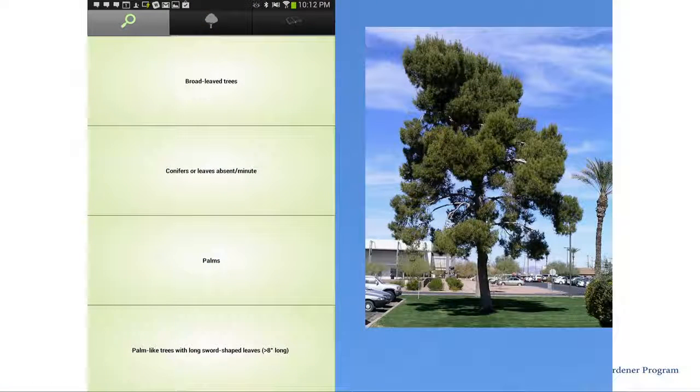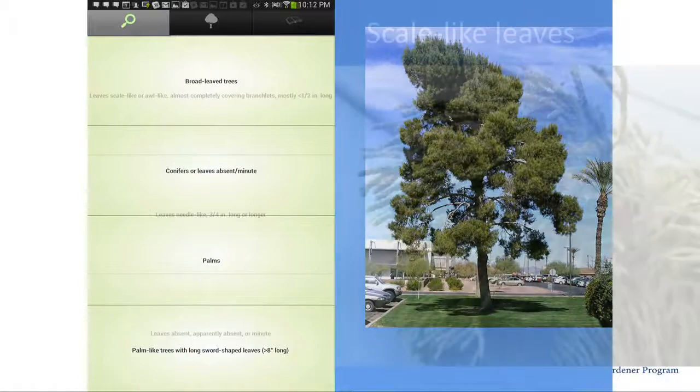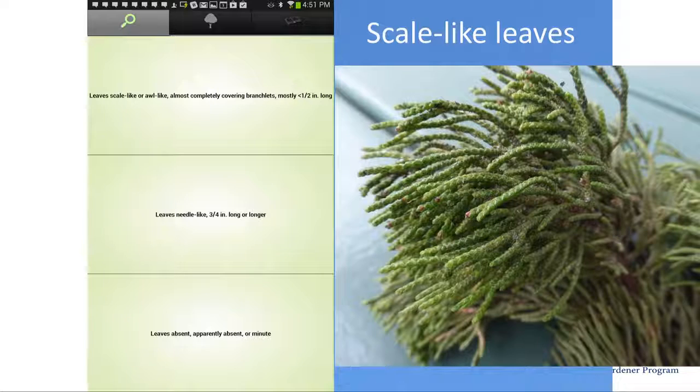Okay, let's do some conifers now using our app. So let's do the same tree again. So it's not a broadleaf tree, it's a conifer. And now here's questions about what we just had this morning, the awl-like. Where do we have scale-like or awl-like?